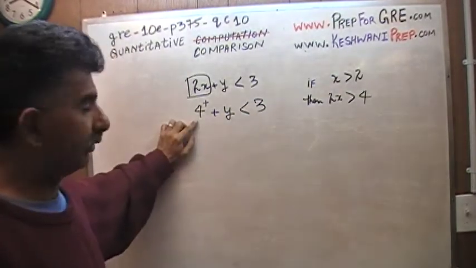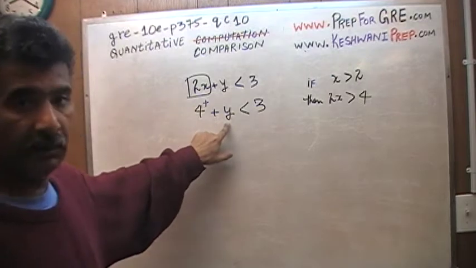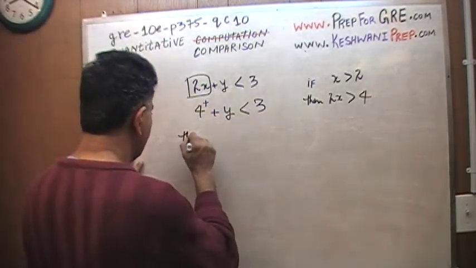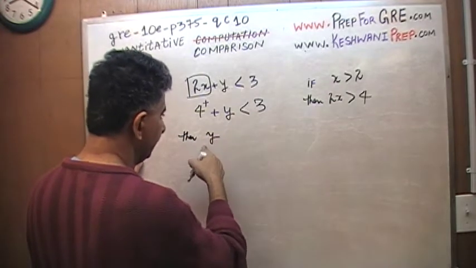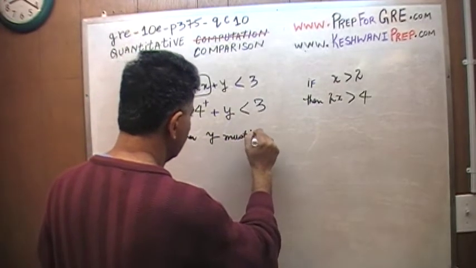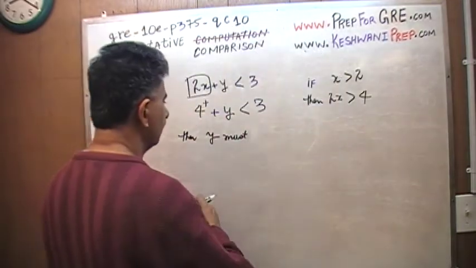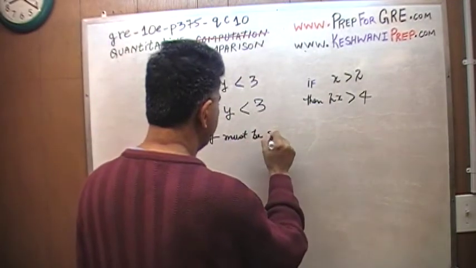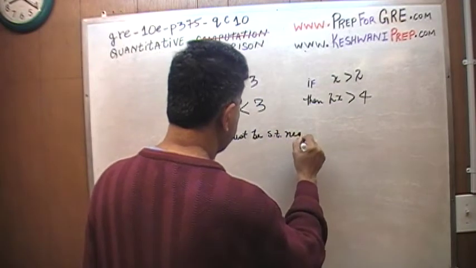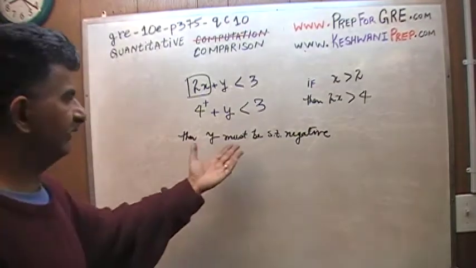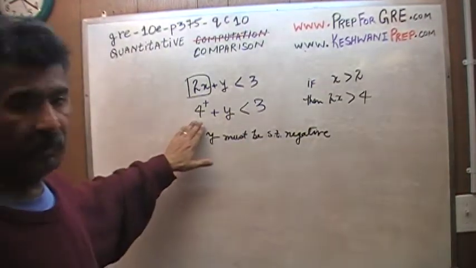If something more than 4 plus some other number boils down to something less than 3, then this implies that y, this number here, must be something negative. That's all. Y must be something negative, because this is already more than 4.